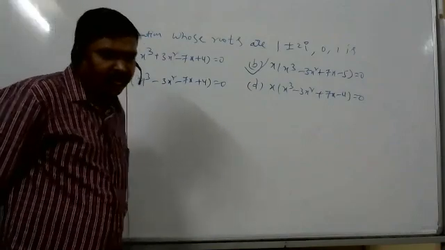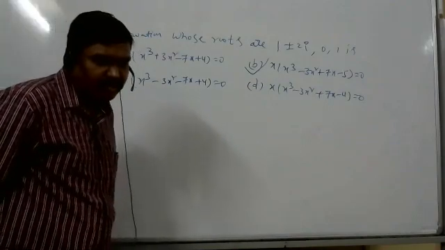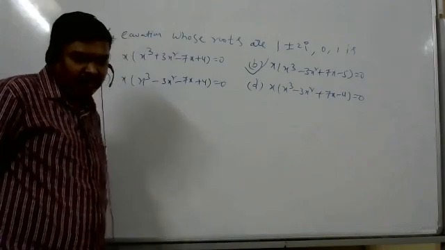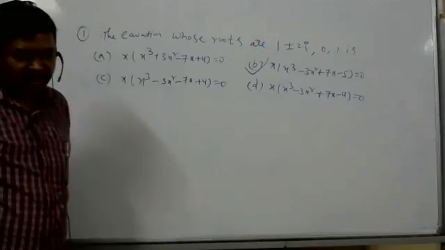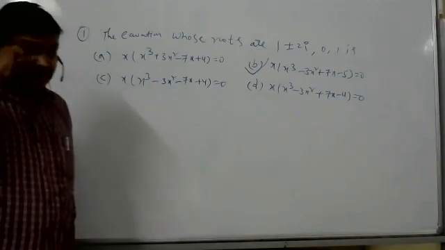Alpha beta are the roots of the equation x square minus 2x plus 5 is equal to 0. And gamma delta are the roots of the equation x into x square minus x is equal to 0. Correct?